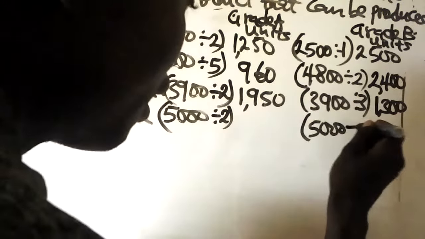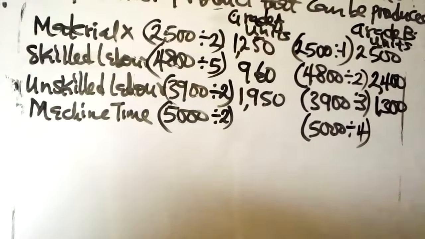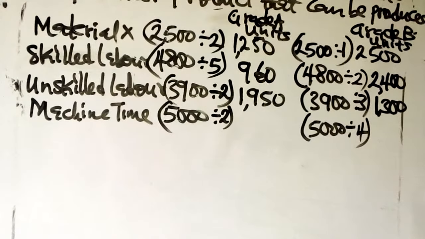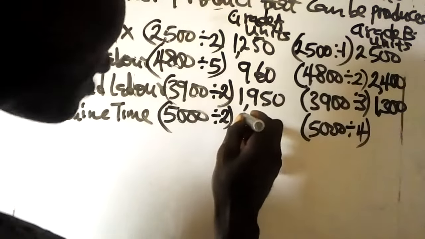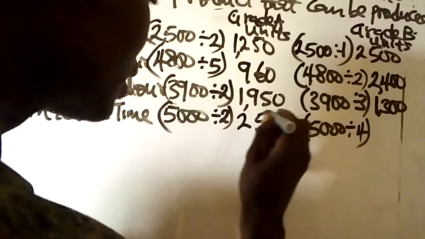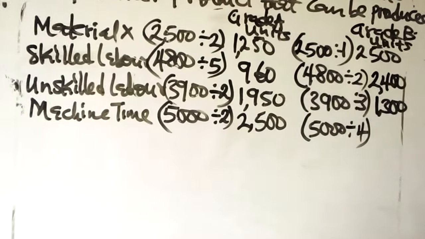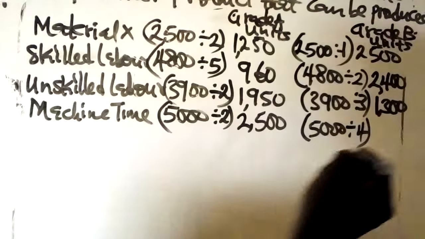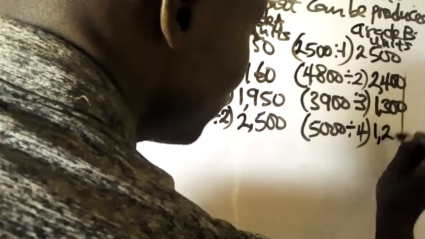Divided by 4, that means the available machine time will be sufficient to produce 2,500 units of these. Therefore, 5,000 divided by 4, we have 1,250.